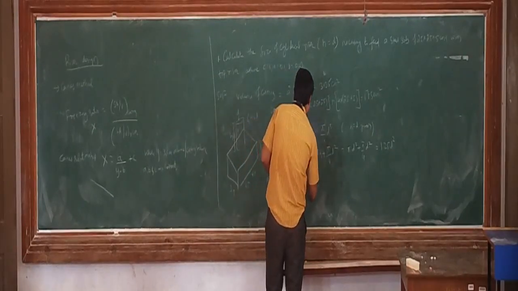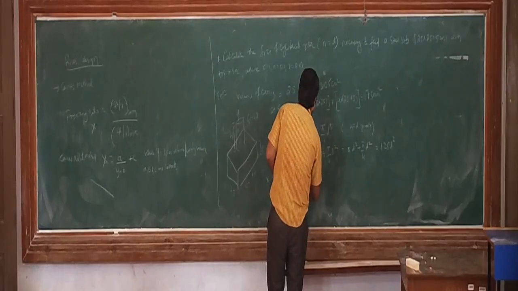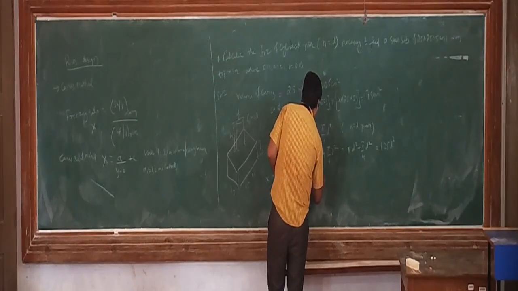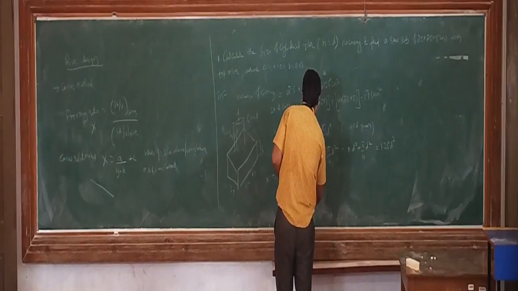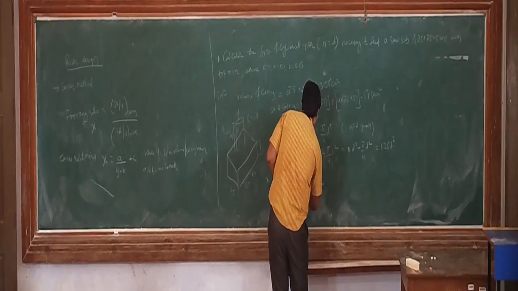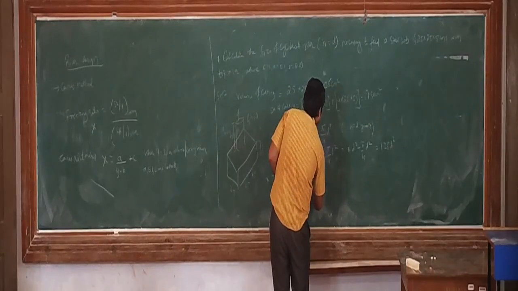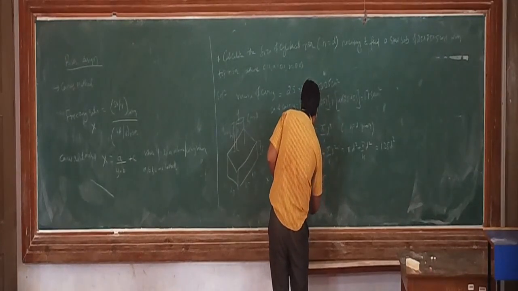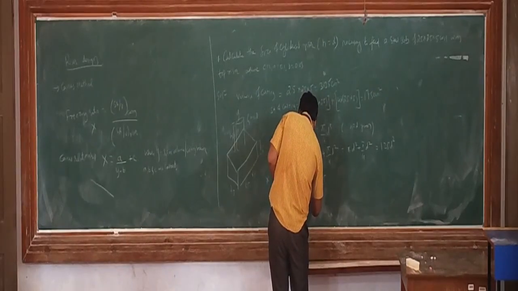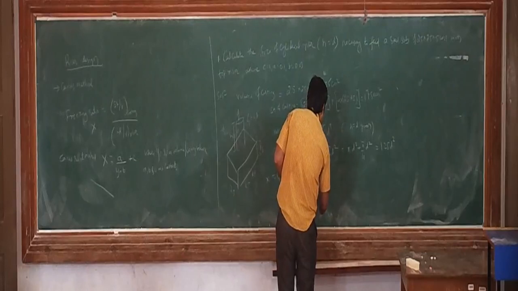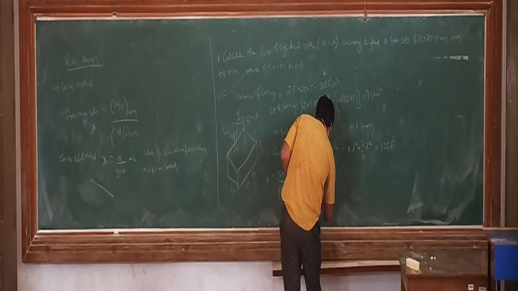So this is 1750 divided by 3125, and here we have 1.25 pi d square divided by 0.25 pi d cube.